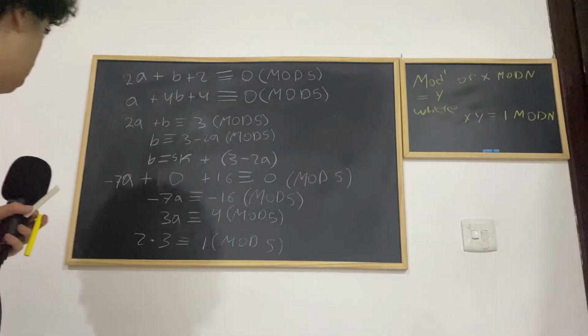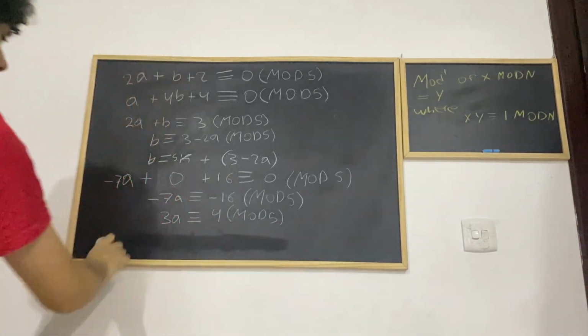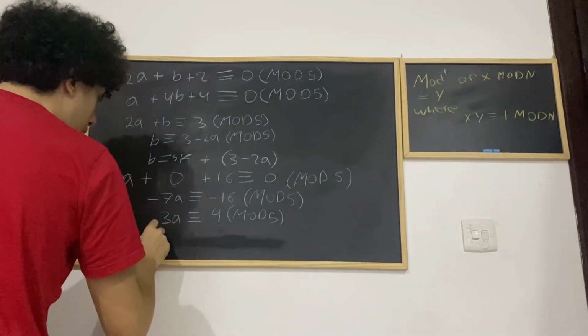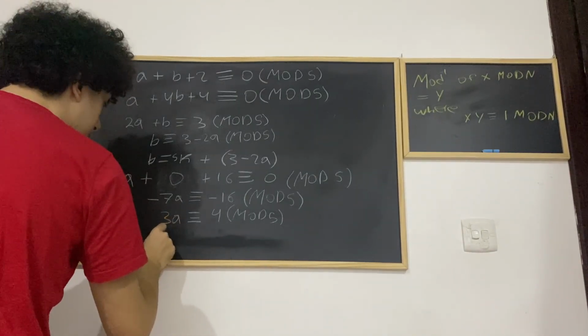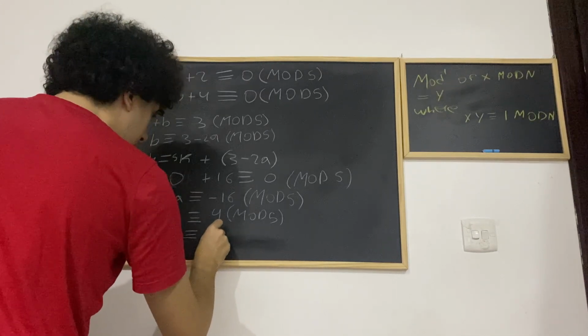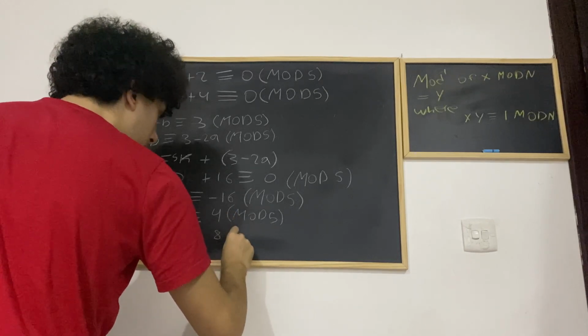So the modular inverse of 3 is just 2. So if we multiply both sides by 2, what we get is that 6a is congruent to 8 mod 5.